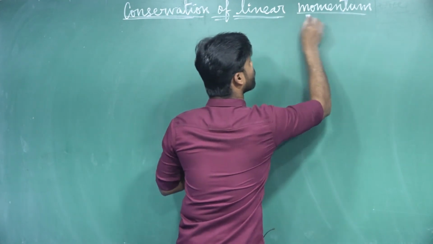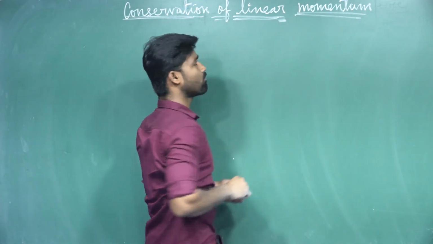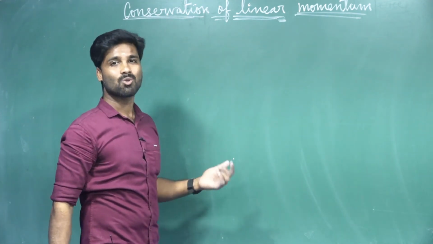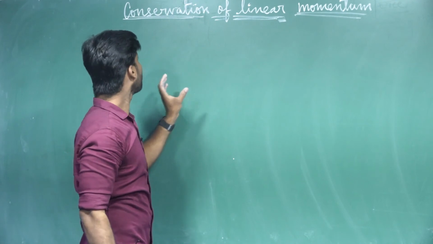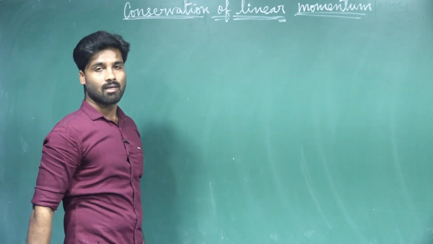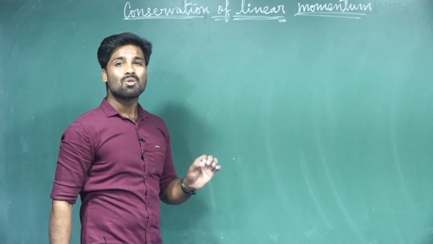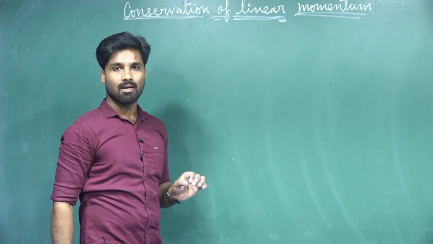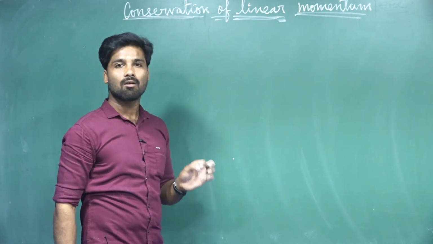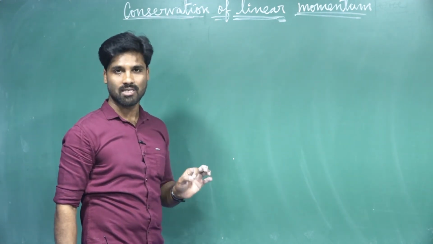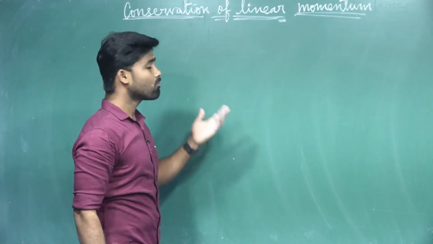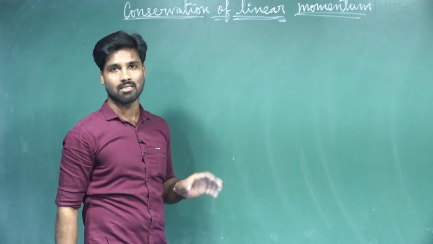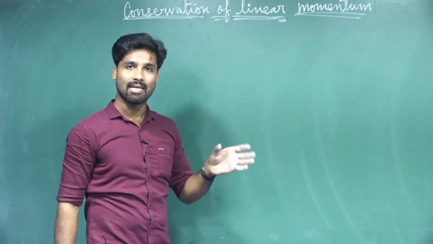So now we should prove the conservation of linear momentum. Before going to prove it, we should discuss the definition. There is no change in the linear momentum of a system of bodies as long as no external force acts on it. This is the definition for conservation of linear momentum.